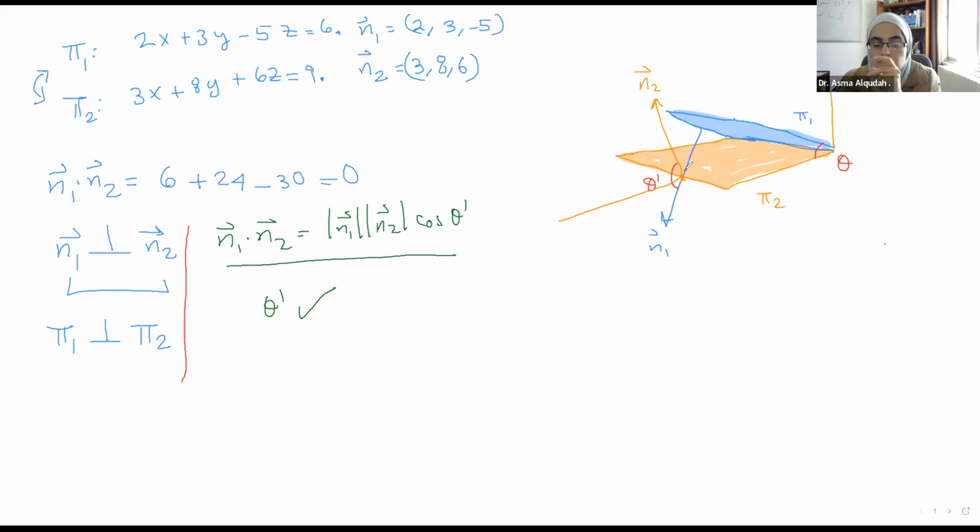L1 and N2 are parallel to each other. And now we have this and this. This is 90 degrees. This is 90 degrees.